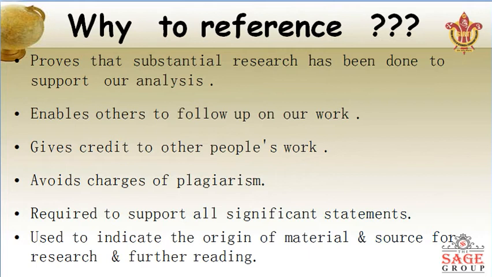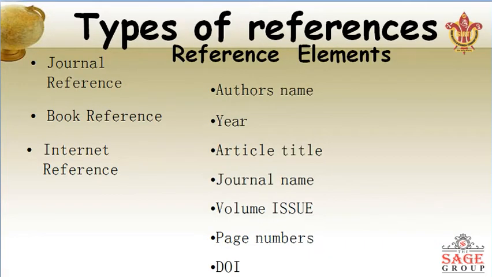There are various types of references, like the journal reference, book referencing, or internet referencing. Basically, for journals, we mention the author names, the year, the article title, journal name, volume, issue, page numbers, and the DOI. There are various styles which can be used for writing references.